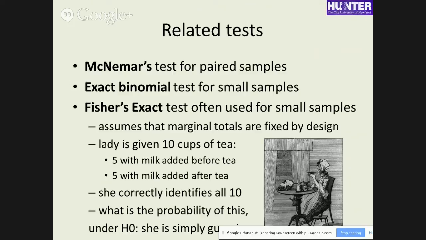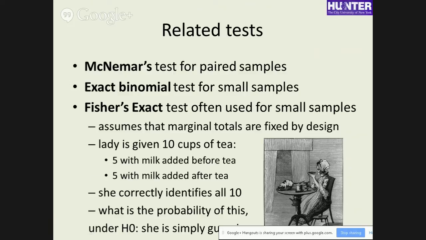Now if she is told that 5 have milk added before and 5 after, and she correctly identifies all 10, what is the probability of that happening under H0? That is the scenario for Fisher's exact test.